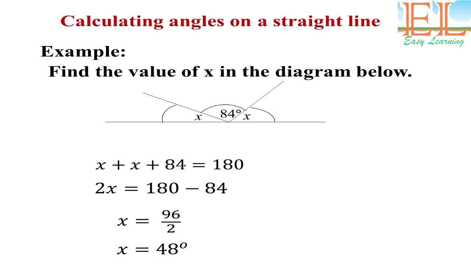You should have in mind from the concept that the angle on a straight line is 180, and that is what will help you to solve this question. That is the problem of mathematics: some of the known facts are not in the question, and you should remember to bring them in. So we solve it, and we get x equal to 48 degrees.